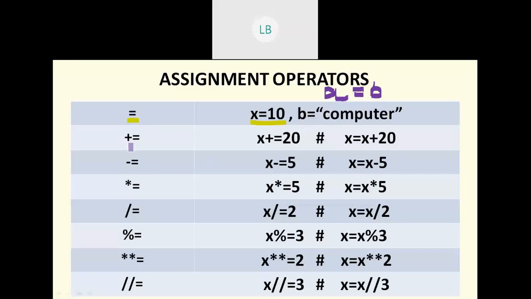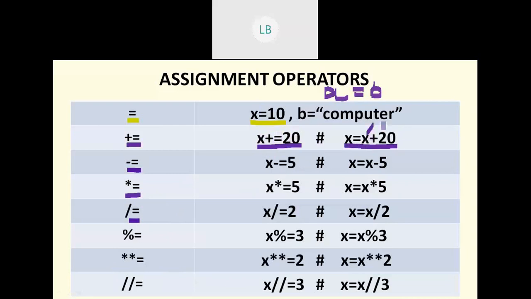You have other shorthand assignment operators like plus equal to, minus equal to, asterisk equal to, and so on. If I write x plus equal to 20, it means take the value of x, add 20 to it, and store it in the same variable. It is nothing but x equal to x plus 20.